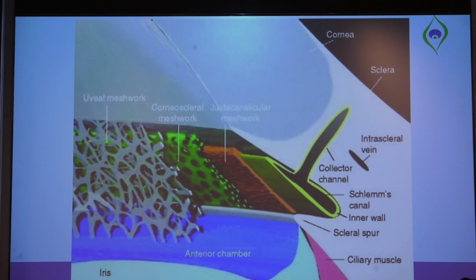Now, what we are treating is the juxtacanalicular meshwork, which is the major site of aqueous outflow resistance. And by doing MIGS, we try to remove this juxtacanalicular meshwork along with the inner wall of Schlemm's canal so that aqueous gets access to the collector channels.